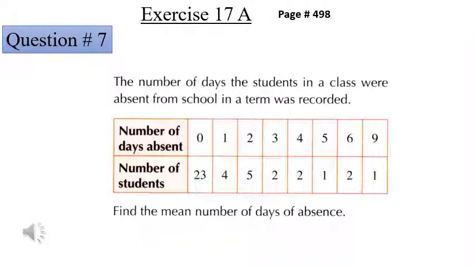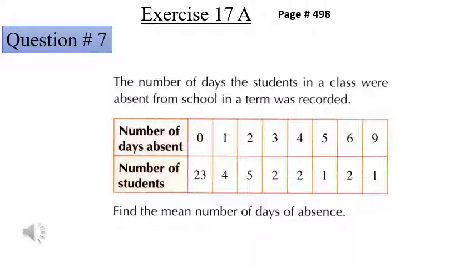Exercise 17A, page number 498, question number 7. The number of days the students in a class were absent from school in a term was recorded. A table is given. Find the mean number of days of absence. In this table, 0 is repeated 23 times, 1 repeated 4 times, 2 repeated 5 times, 3 repeated 2 times, and so on.